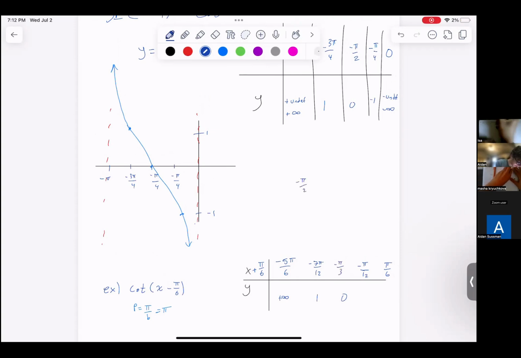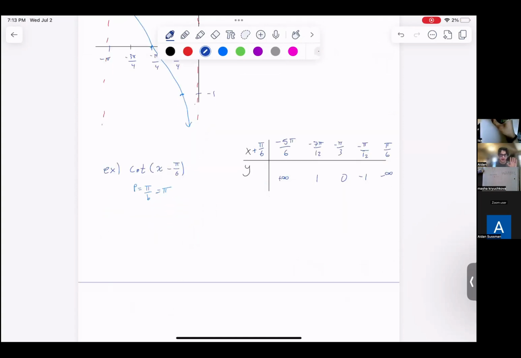Negative pi over 2, right? This is negative 3 pi over 6 plus pi over 6. That gives me negative 2 pi over 6, which is negative pi over 3. And then this one we already did. Sorry, that's pi over 4. So that's going to be negative 1, and this one's negative infinity.